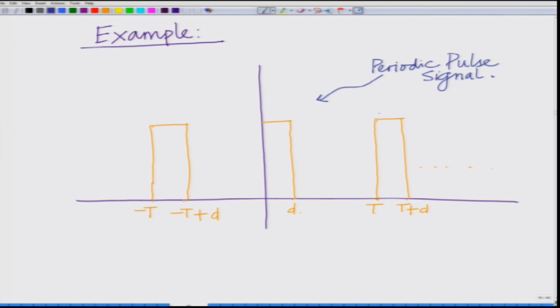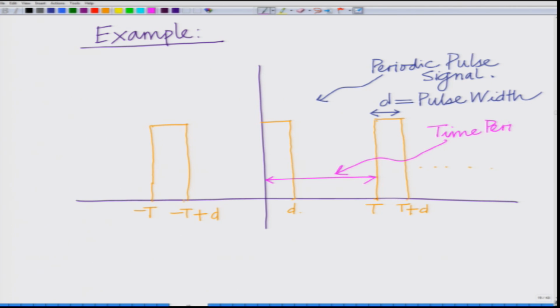So, this is a periodic pulse signal. The pulse width is d, let us say; d is the width of the pulse, and the time period of the signal is T. This is the notation that we have used previously also.